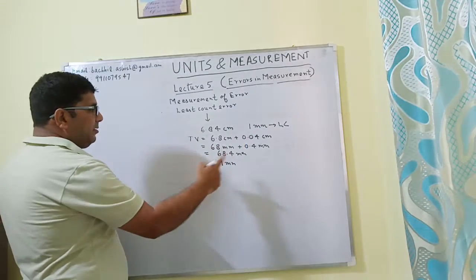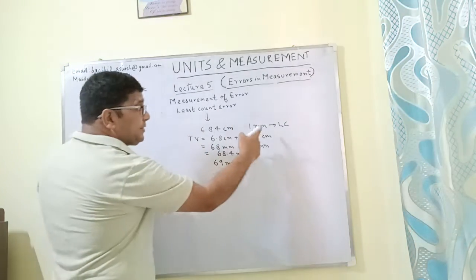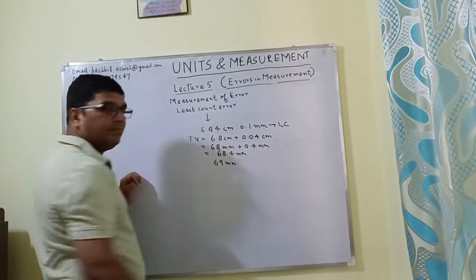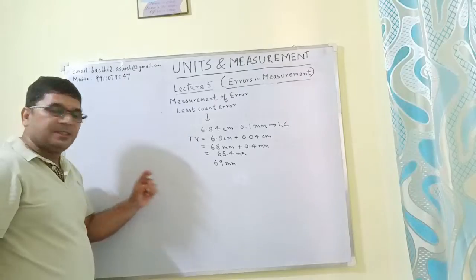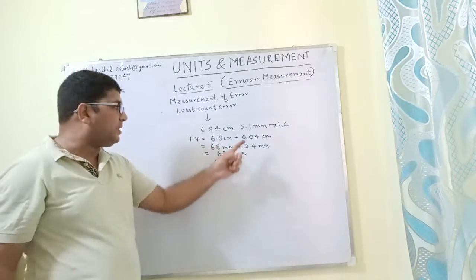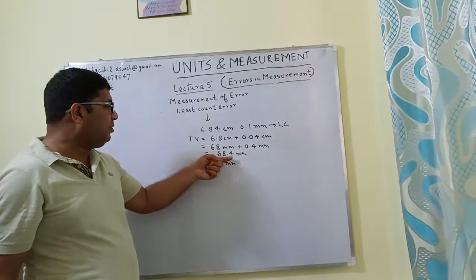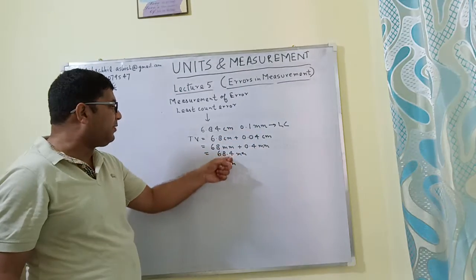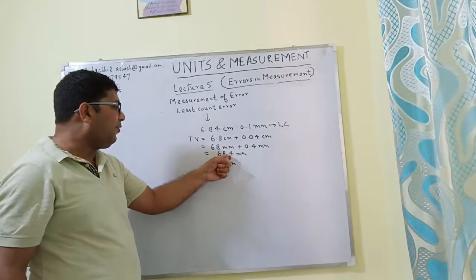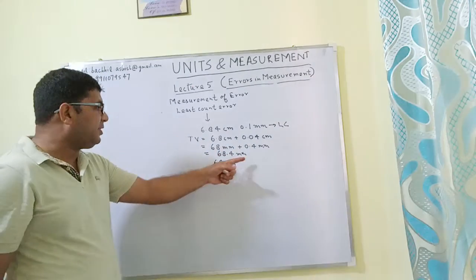Now, if the least count was, let's say, 0.1 mm, then it means that one division of that measuring instrument is equal to 0.1 mm. So if the least count was 0.1 mm, then we could have easily measured the length of that particular physical quantity without any problem.